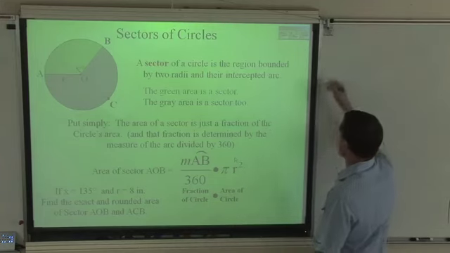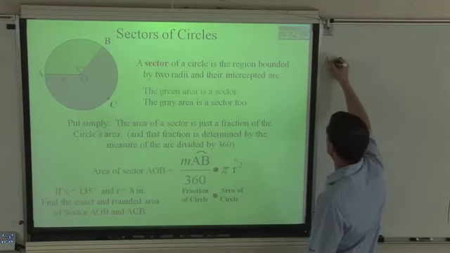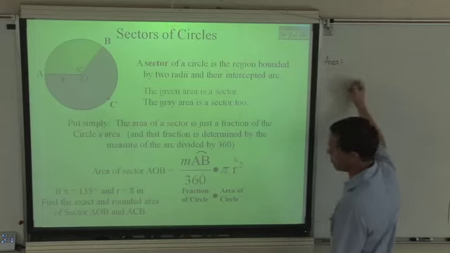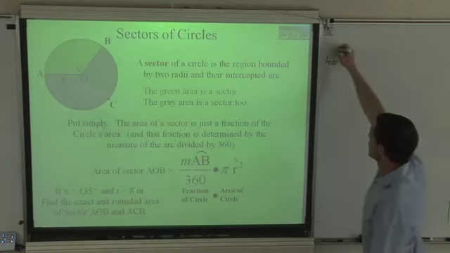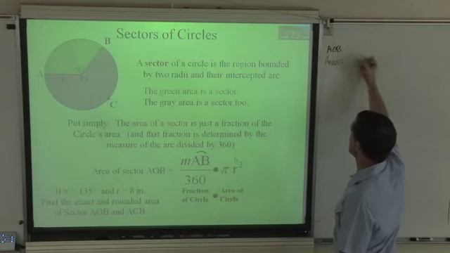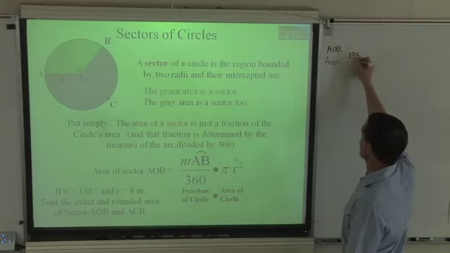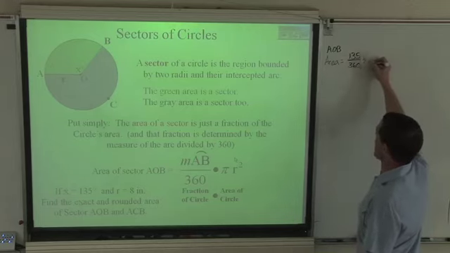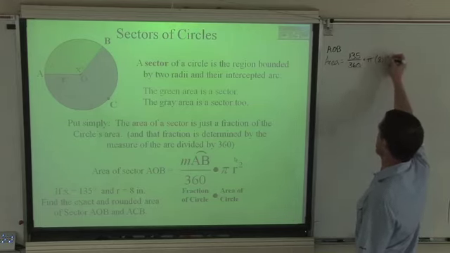So to find my sector area, for AOB, I would take 135 over 360, and I would multiply that by pi r squared, so 8 squared.